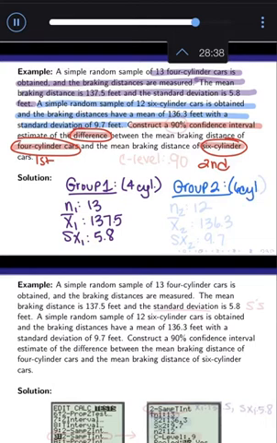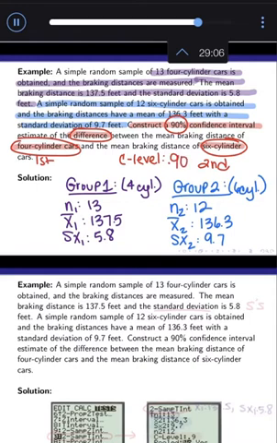The size of that sample was 12. The mean of that sample was 136.3, and its standard deviation was 9.7. And we're going to use our C level of 90%, so when we actually type it in, it will be 0.90.